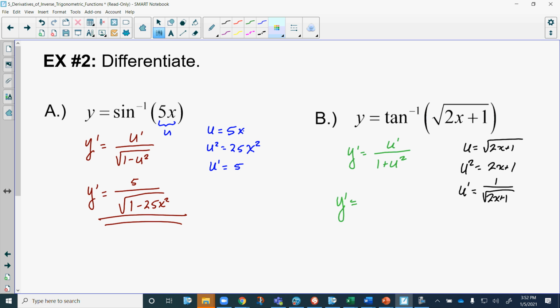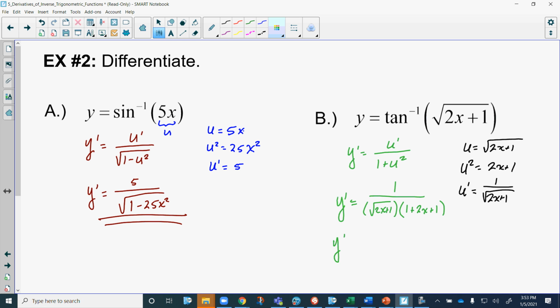U prime was 1 over the square root of 2x plus 1. Now, I'm not going to write this as a composite fraction. We just know that the denominator of u prime is going to go to the denominator of the problem. So we'll say square root of 2x plus 1 times whatever 1 plus u squared is. So 1 plus u squared in this case was 2x plus 1, and we can see the 1's are going to combine.